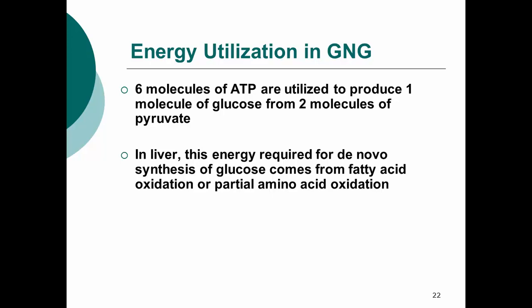And in the liver, the energy required for the de novo synthesis of glucose, or gluconeogenesis, same thing, usually comes from fatty acid oxidation or partial amino acid oxidation. So 6 ATPs are required for making 1 molecule of glucose, and this energy basically comes from fatty acid oxidation or amino acid oxidation.